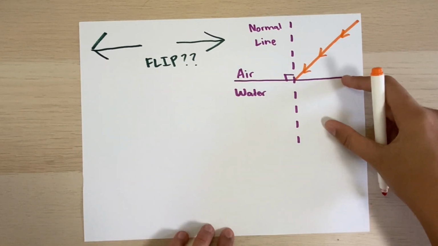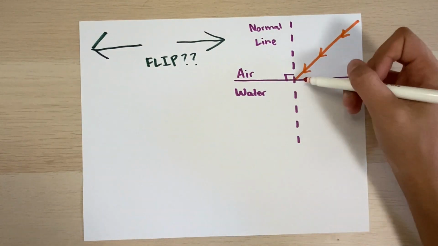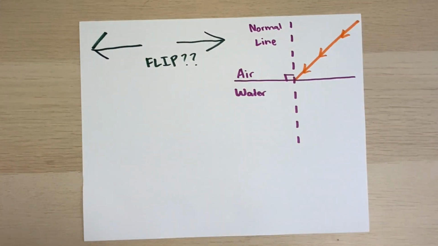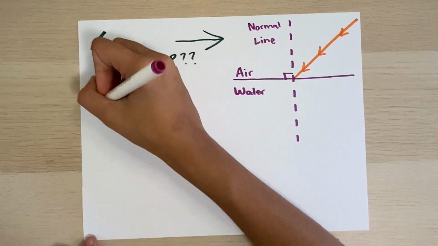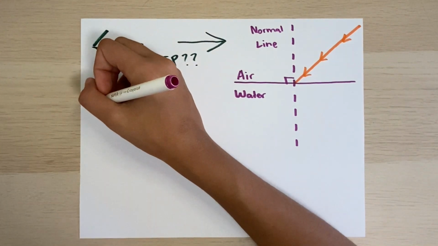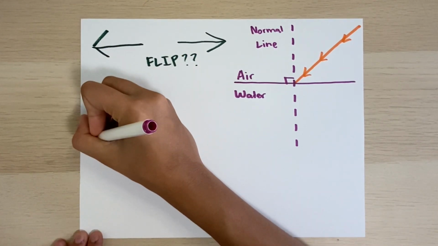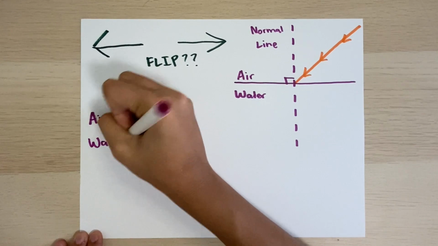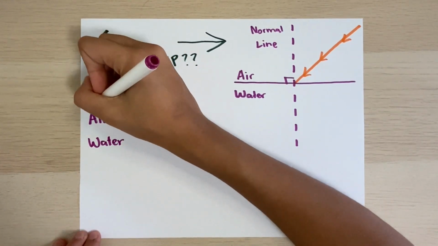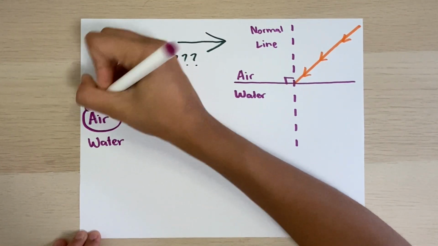Now what will happen? Will it keep going straight or will it bend? What will really happen? To understand this, let's take a look at an example. So for you, is it easier to run through air or is it easier to run through water? I'm sure you guys will all say it's easier to run through air.